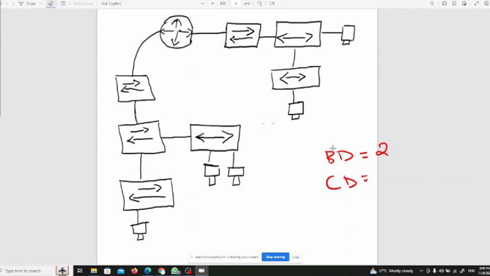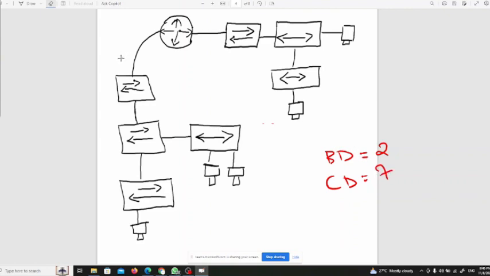What about the collision domain? Seven. 7 collision domains. Okay, let us count.